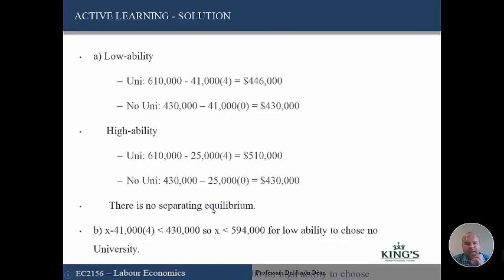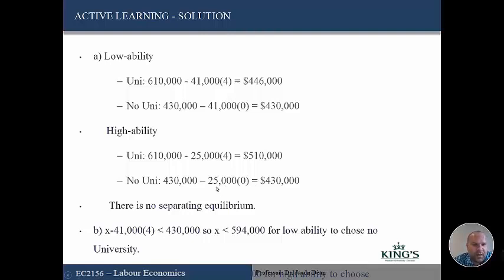What we need is for low ability to choose no university. So we need the pay, X minus 41,000 times Y, to be less than 430,000, and for high ability, we need X minus 25,000 times Y to be greater than 430,000.